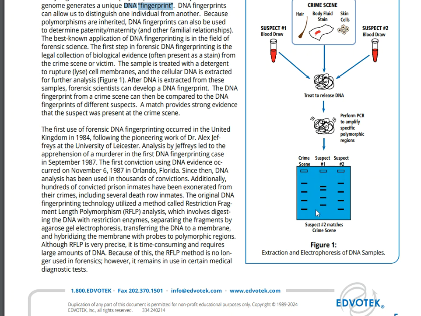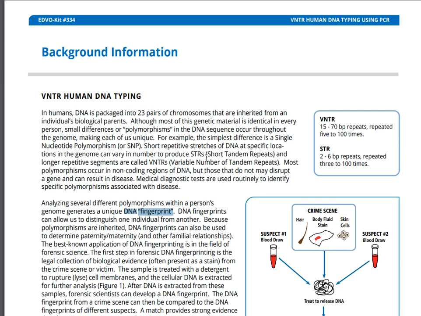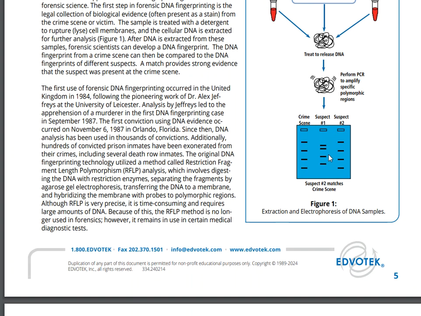Suspect number 1 has polymorphisms in whatever form that they come into, whether they're SNPs or whether they're STRs or whether they're VNTRs. So those show up, the restriction enzymes will recognize those, and they will begin to cut those in the different areas, and we start to see banding that shows up in that lane. And then here's another suspect from another person.